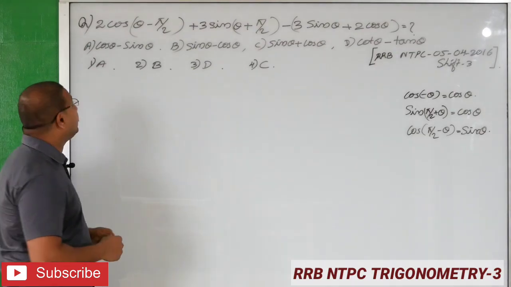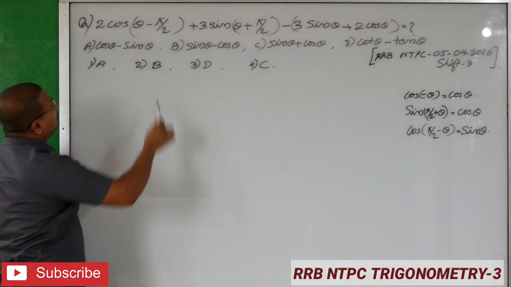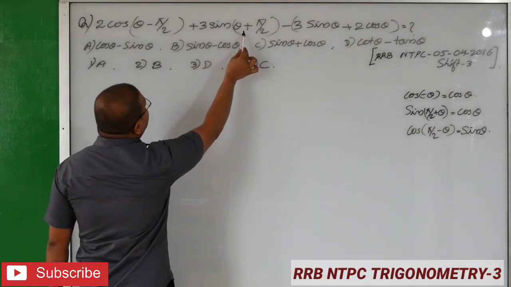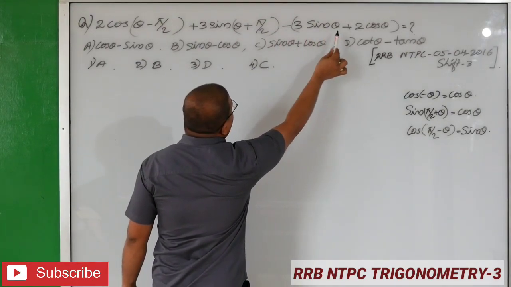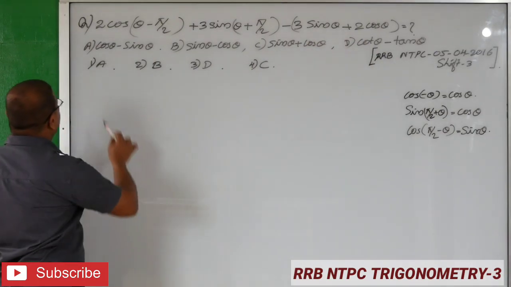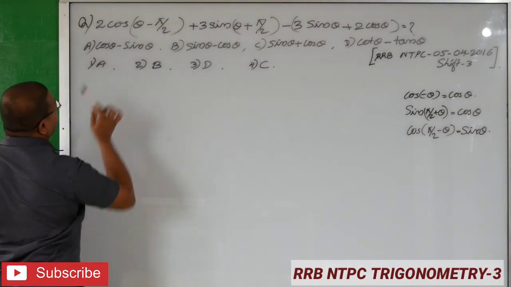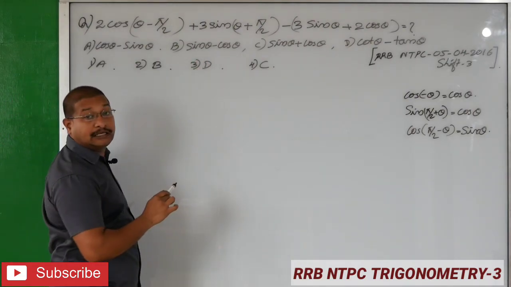The first question I will read now. 2 cos(theta minus pi by 2) plus 3 sin(theta plus pi by 2) minus (3 sin theta plus 2 cos theta) equals question mark. Answer: A, cos theta minus sin theta. B, sin theta minus cos theta.